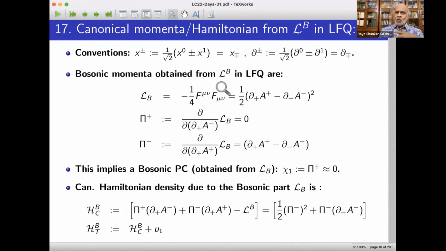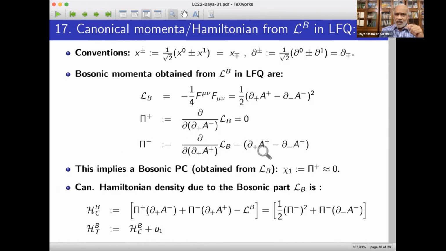Now I again go to the bosonic and fermionic parts of my Lagrangian density, and I obtain the canonical momenta as I did before in the instant form quantization. So my pi plus turns out to be 0, and I remind you that this pi plus is canonically conjugate to A minus upstairs, and pi minus upstairs is canonically conjugate to A plus upstairs.